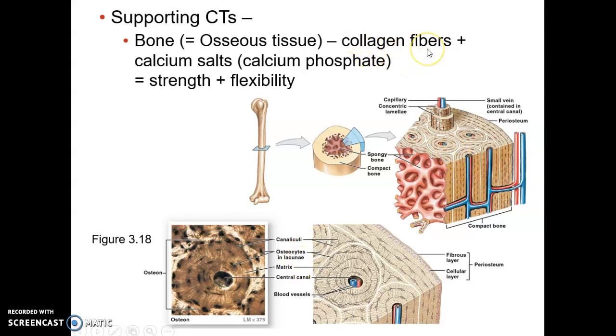So there's a lot of collagen fibers, and the ground substance gets infused with calcium salts, primarily calcium phosphate, which gives bone a lot of strength, but also some flexibility. The strength, compression strength, is primarily the calcium salts. The flexibility is due primarily to the collagen fibers. So all this material is in the extracellular matrix surrounding the osteocytes within their little spaces, the lacunae.